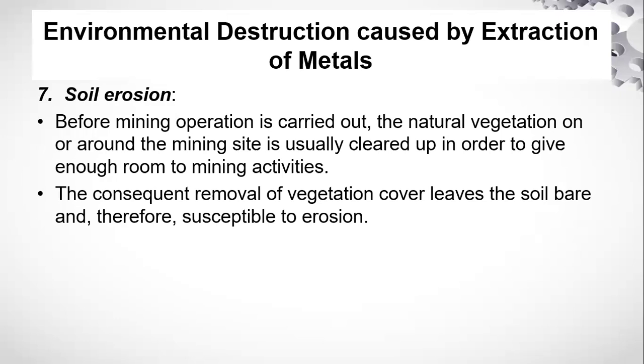So soil erosion is very likely to occur after the mining or extraction of metals has been done, since the process leaves the land bare, and the bare land is very prone to erosion due to various erosion agents such as wind, water, etc.